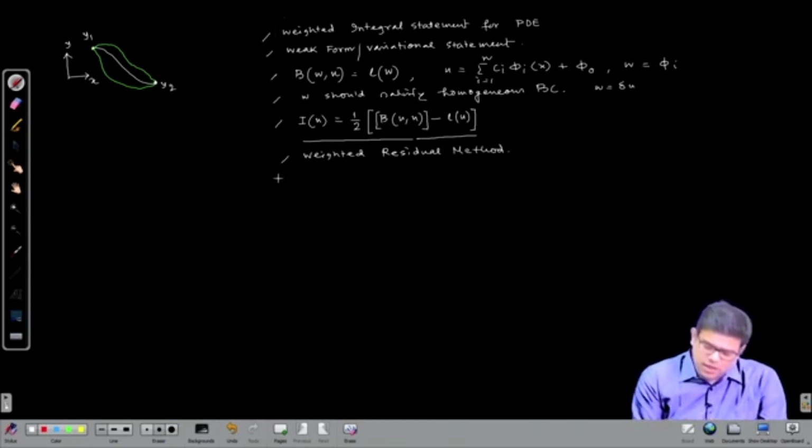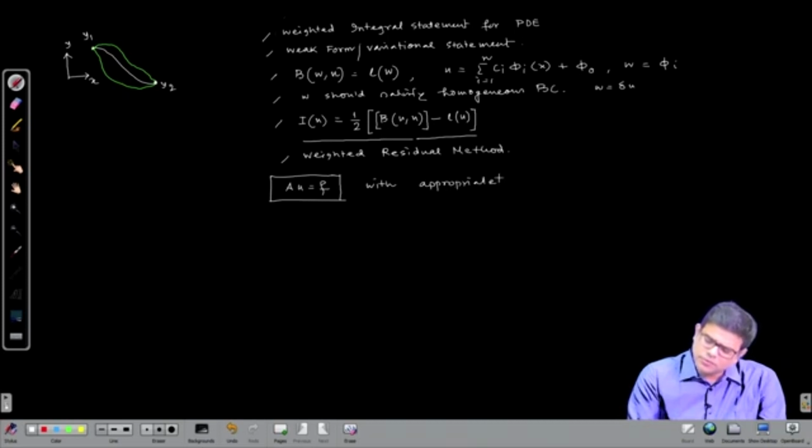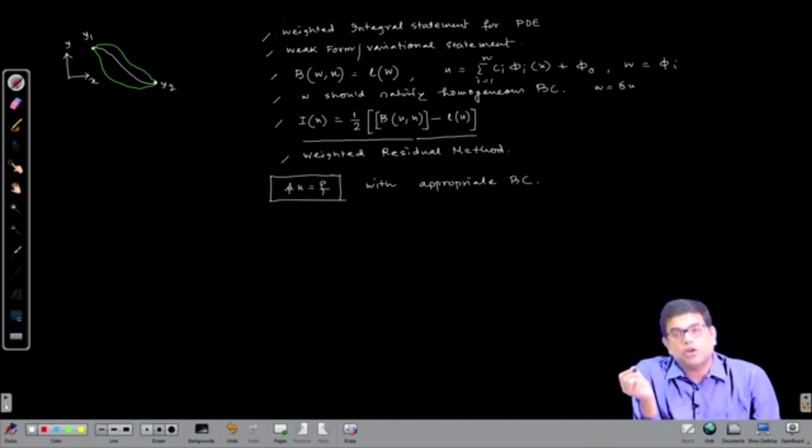Suppose there is a differential equation. I represent the differential equation in this form, say A of u equals f, with appropriate boundary conditions. Now, A is a differential operator.